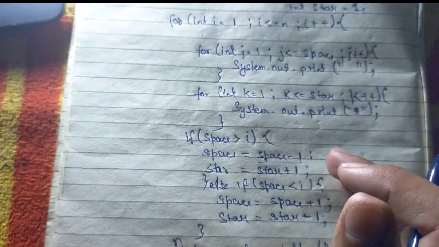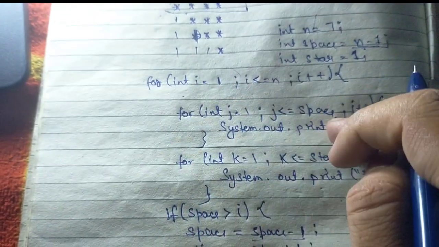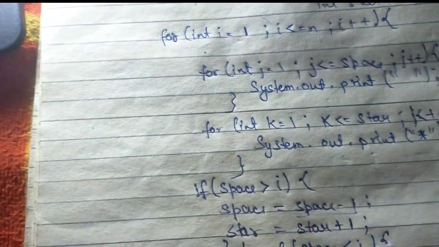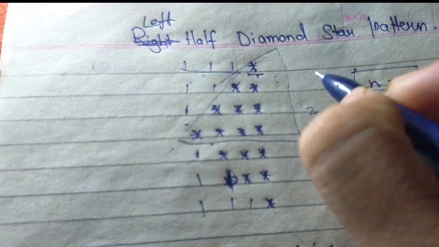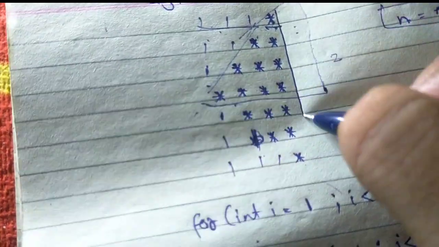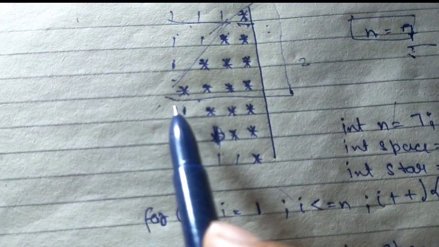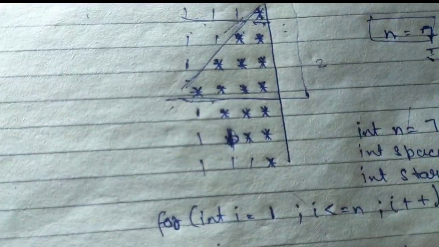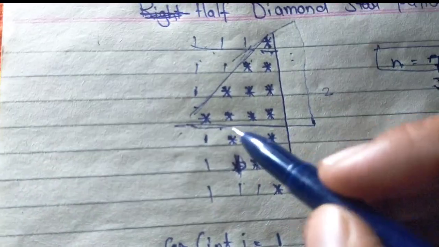So here is my whole code. Now I am going to run the code. Initially we are printing 7 rows using n. For the first half of our pattern, space will decrease, and for the second half of the pattern, space will increase.